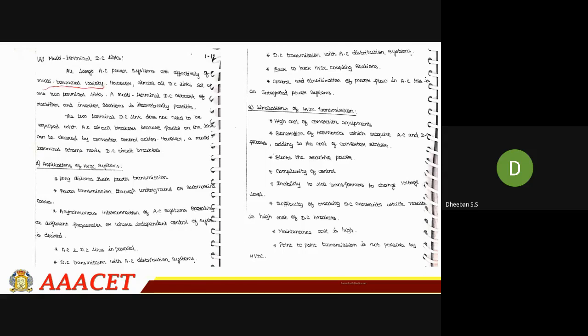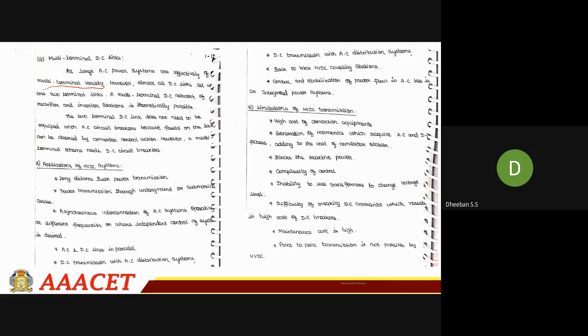Here almost all DC links set up are two-terminal links. A multi-terminal DC network of rectifier and inverter stations is needed if you are using more than two terminals.